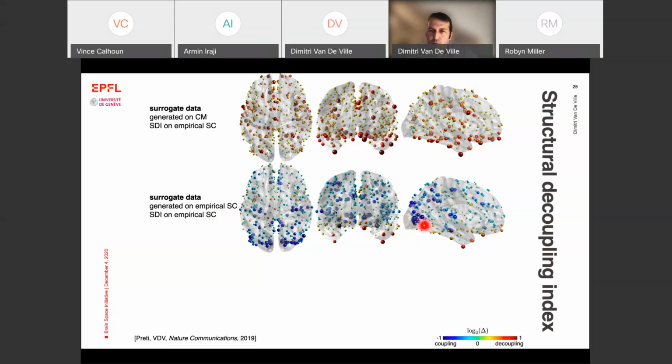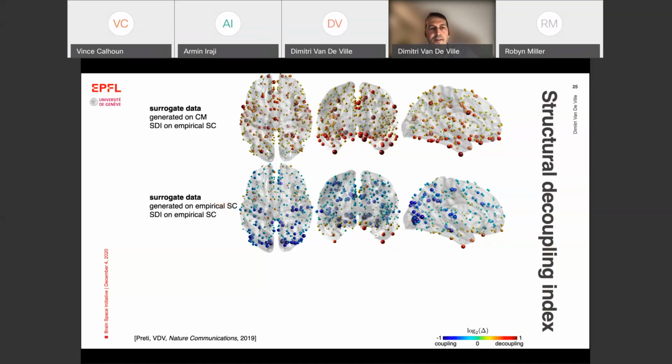So they are very much aligned with underlying structure. While if you go to more high-level regions, frontal, temporal pole, and so on, they tend to be more decoupled, so to be more liberal with respect to underlying structure. And that's a very clear pattern that we get already using our surrogate data.